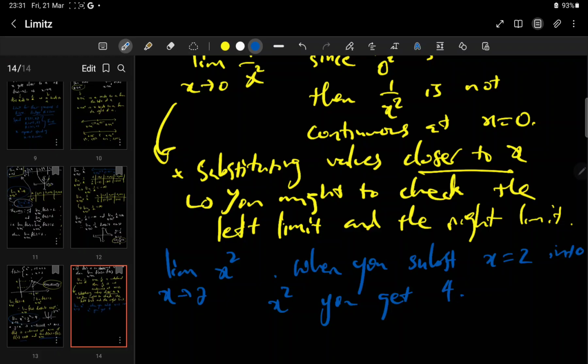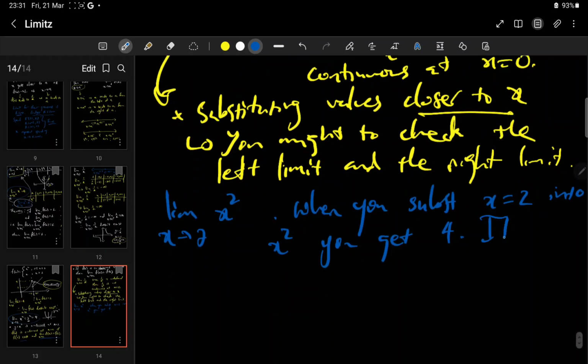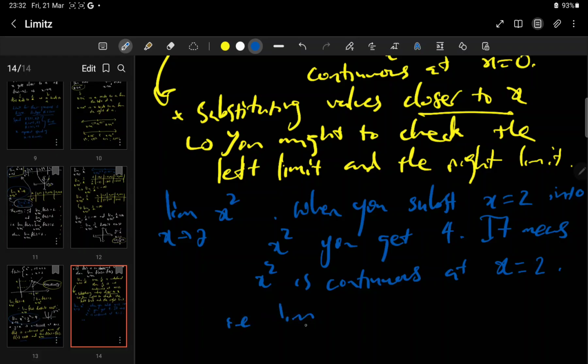So x squared is continuous at x equals 2, and it's just going to be 2 squared, which is 4. For this you don't have to take the left limit and the right limit. You can just say it is 4.